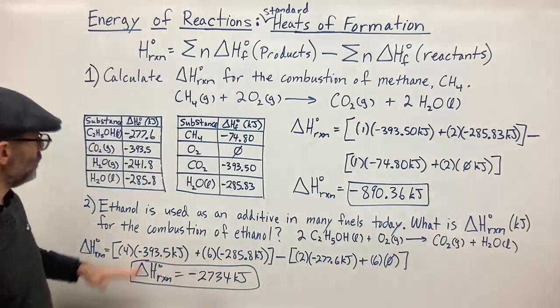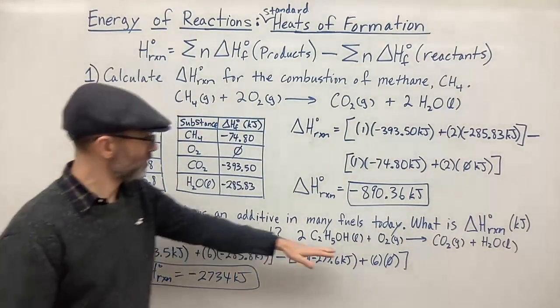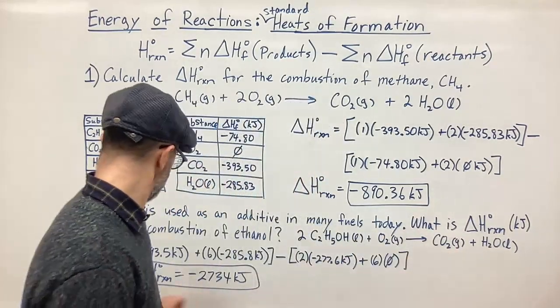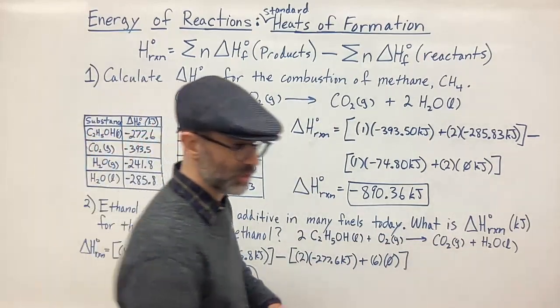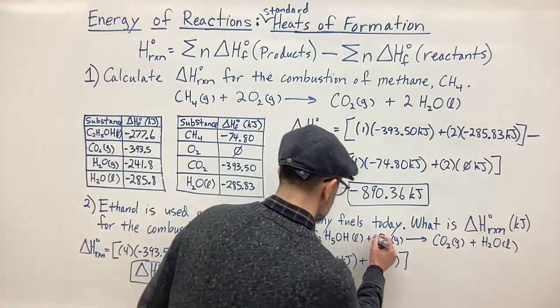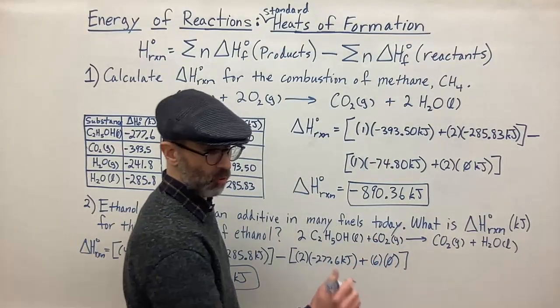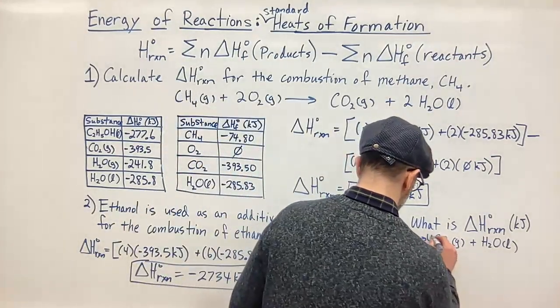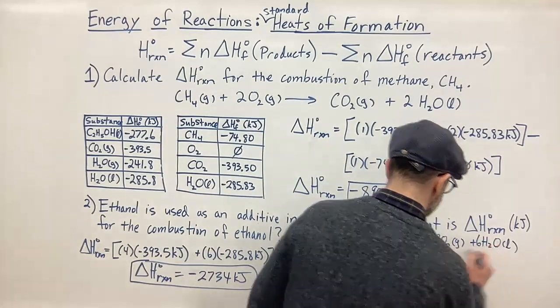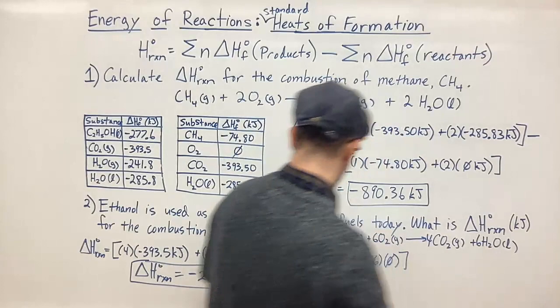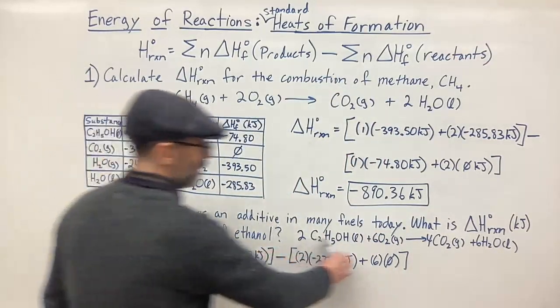Same as before, we start with our products. I have 1 carbon dioxide. Oops, I forgot to balance the equation. So this should be 6 moles of oxygen forming 4 moles and 6 there. And so this is my equation.